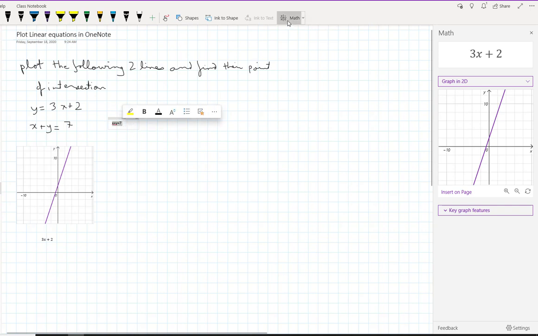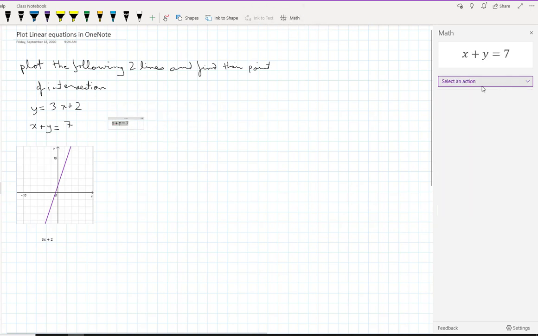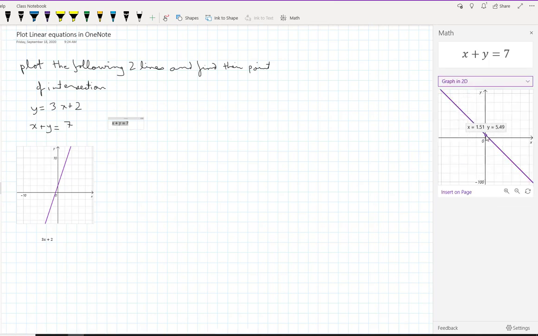But for now, x plus y equals 7. We graph in 2D, and what we see here is that the y-intercept is 7, as expected. And then here the slope is negative, and it will be -1.